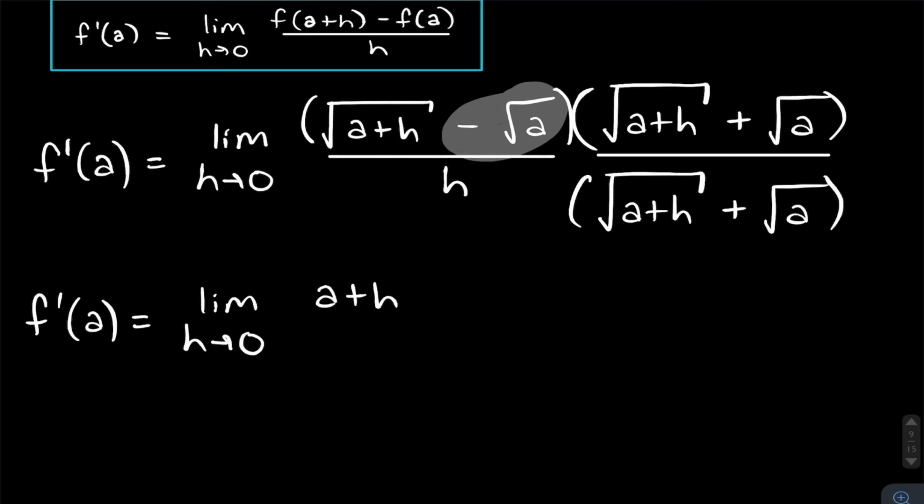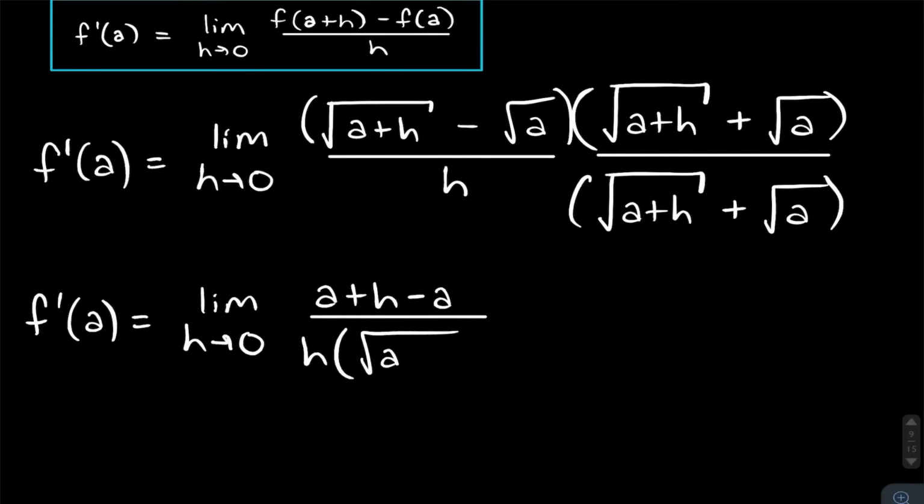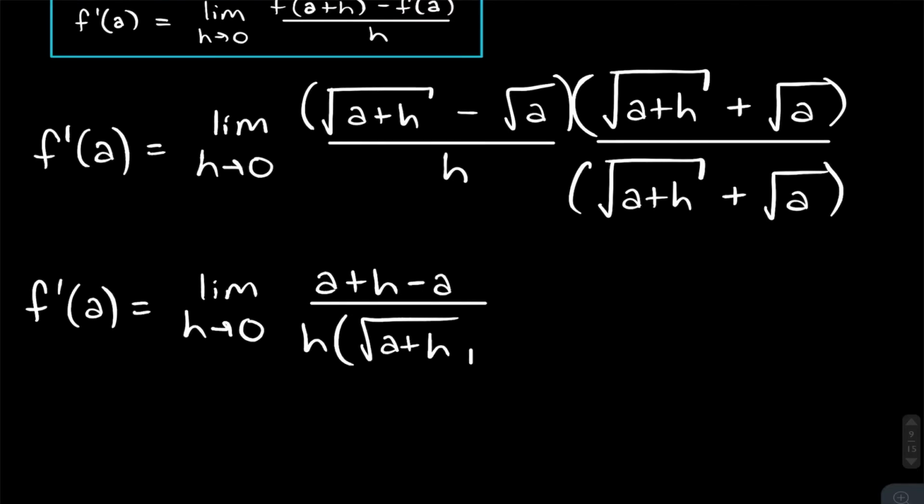Then we have minus square root of a times the positive square root of a. And that's going to give you, the square roots go away, you get a minus a. And then in the denominator, you're going to have an h. Don't distribute that h through, okay? Times the square root of a plus h plus the square root of a.